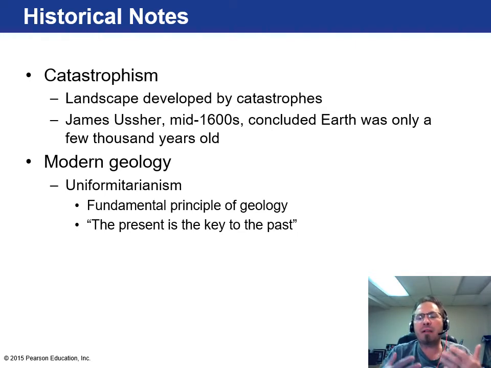The principles have stayed the same. Any rocks being formed now are formed in the same fashion as they were 70 million years ago. So that's a key principle in geology: you don't have to worry about some weird curveball being thrown at you in terms of how these rocks were formed.